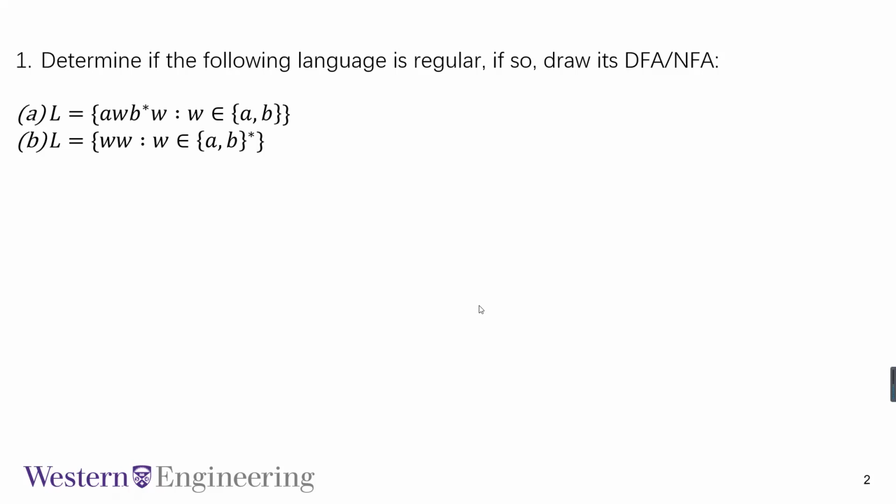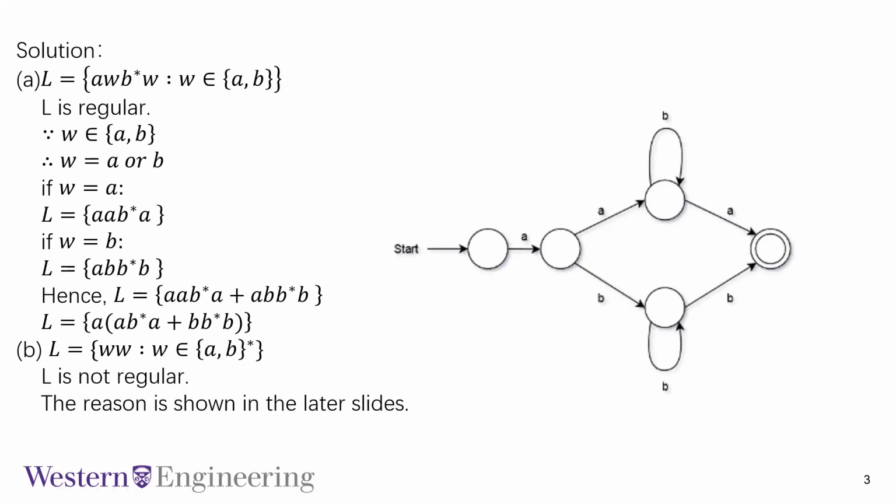Hello everyone, let's see the solutions. For question A, the language L is regular because W belongs to the set A and B. So W equals A or W equals B. If W equals A, L equals this, and if W equals B, L equals this, and so the language L belongs to this set.